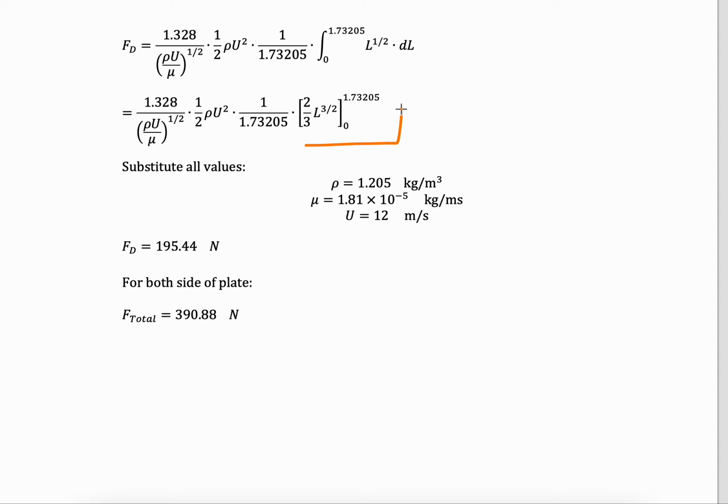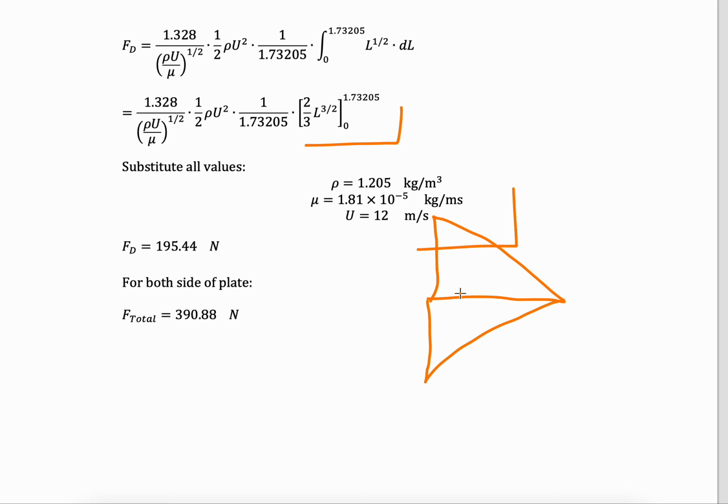We substitute all the values: this is the density of air, the dynamic viscosity of air, and U is equal to 12 meters per second. And then we get 195.44 Newton. Please bear in mind that this calculation is only for this triangle. Because we have another part, we need to multiply by 2.